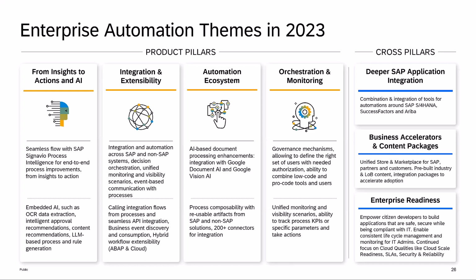And then maybe one highlight topic, because in every discussion it comes up: governance mechanisms. We have already very good integration there with the transport management system, and you can define dev, test, prod landscapes and so on.